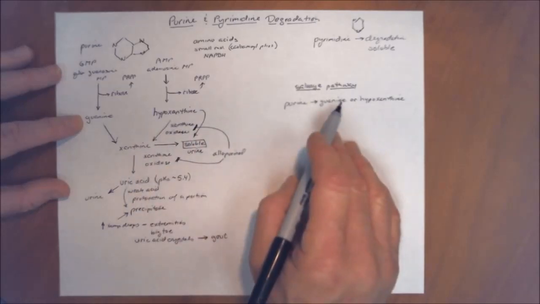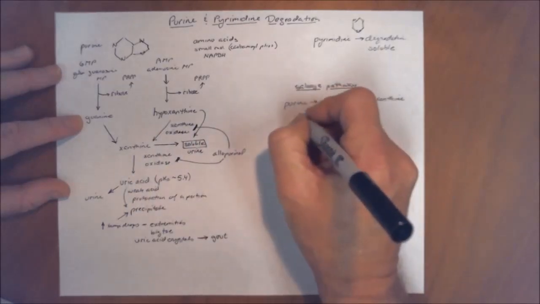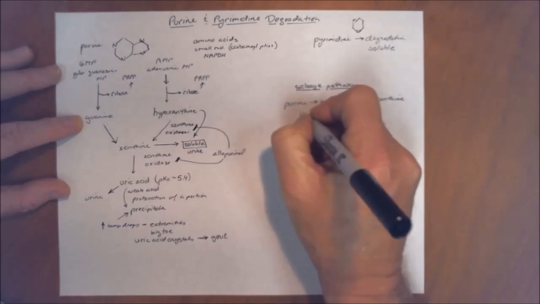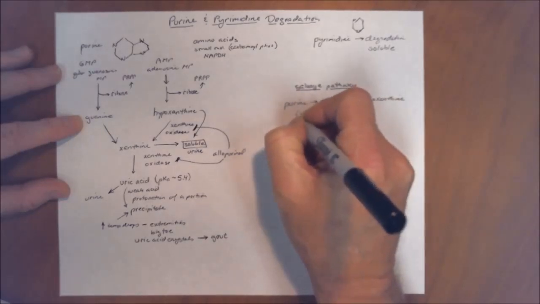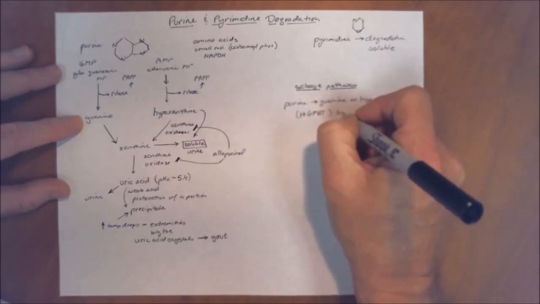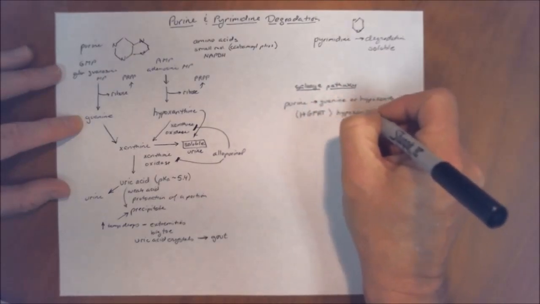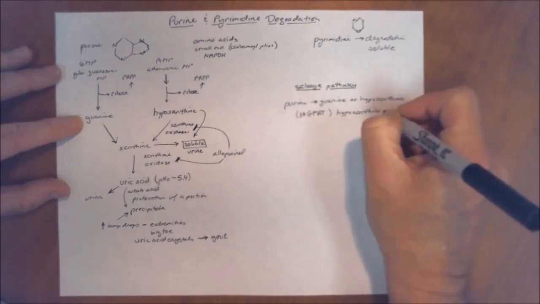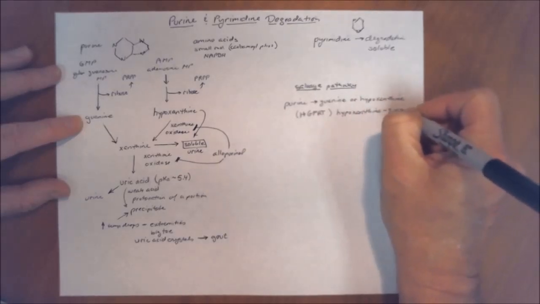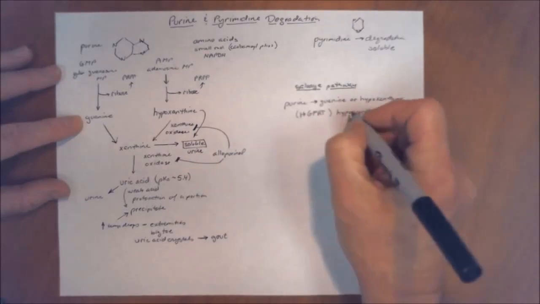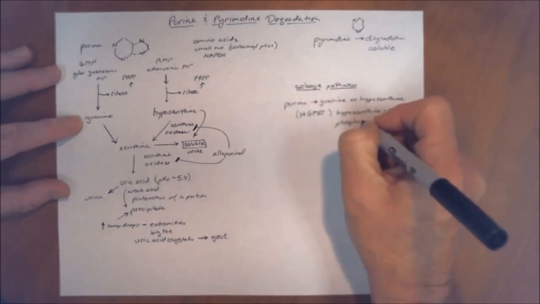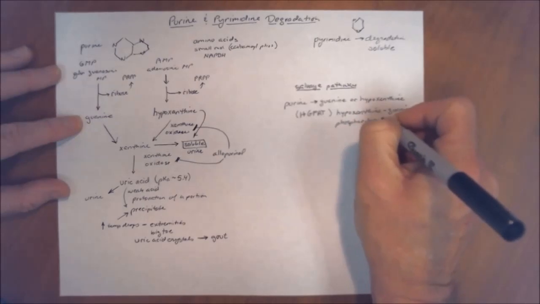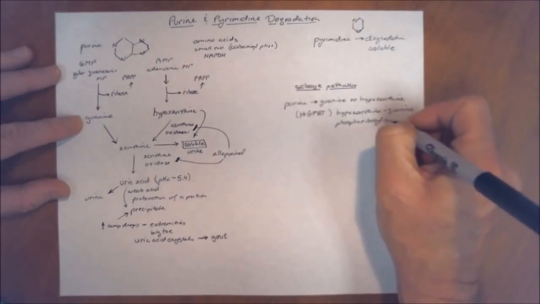These bases now, we can use an enzyme that's abbreviated HGPRT, which stands for hypoxanthine, guanine, phosphoribosyl transferase.